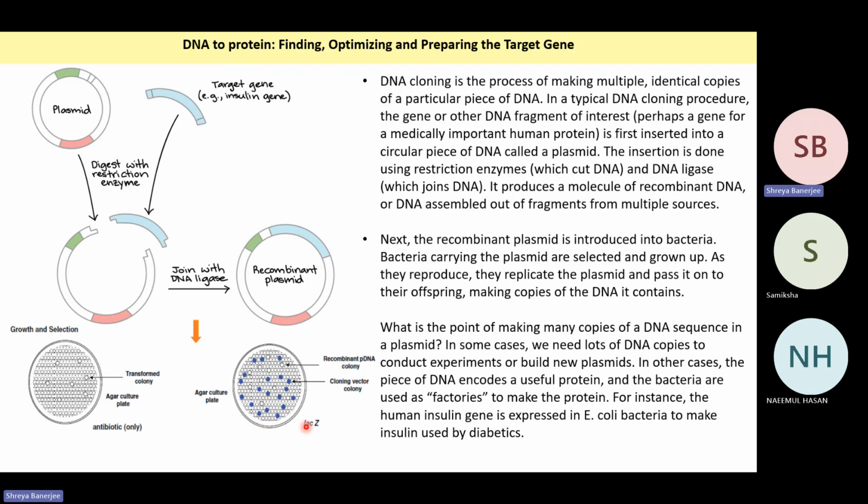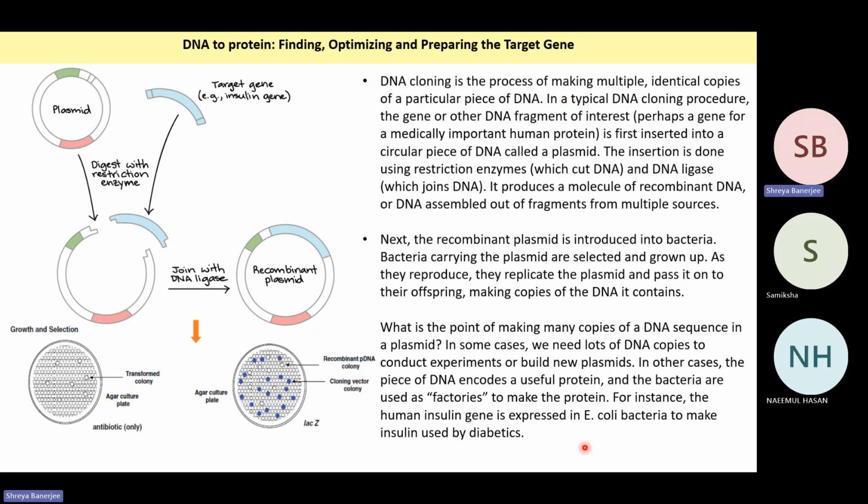Then in your culture plate, you will have some E. coli bacteria which has the recombinant plasmid, shown in white here, and some E. coli bacteria which does not have it, which is not affected, shown in blue here. So you can choose which E. coli bacteria has the gene of interest, and that will help you get multiple copies of the same gene.